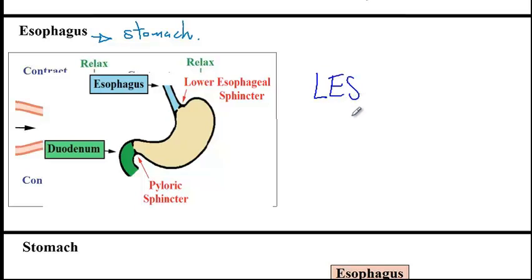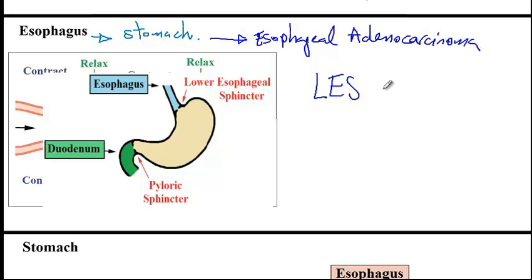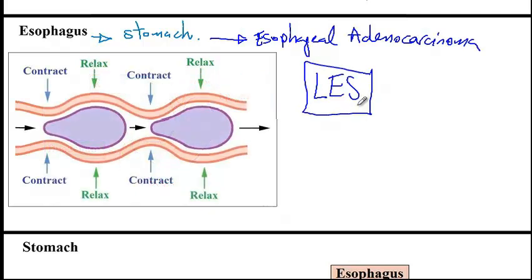Because think of it, the stomach is full of acidic fluids, and we don't want any acidic fluids to regurgitate back into the esophagus, because it would cause damage to the esophagus, and if it continues to do that over the long term, it can lead to esophageal adenocarcinoma, which is a form of cancer. So therefore, the function of the lower esophageal sphincter is to prevent any regurgitation of food back from the stomach into the esophagus.